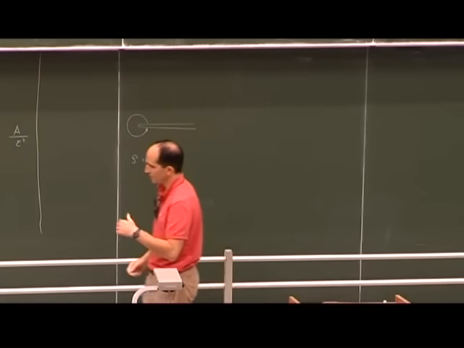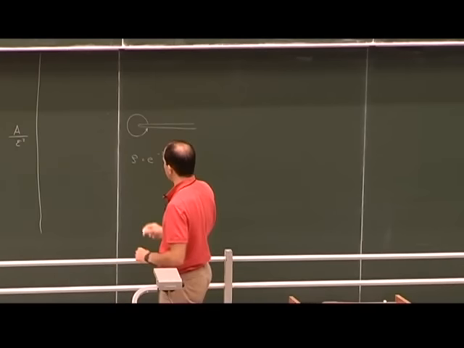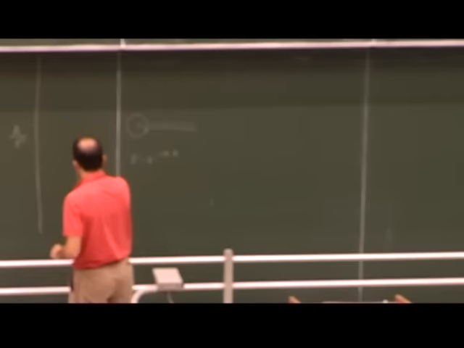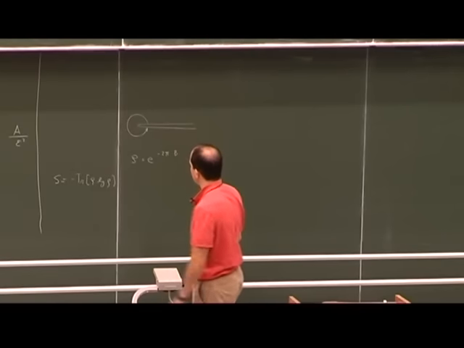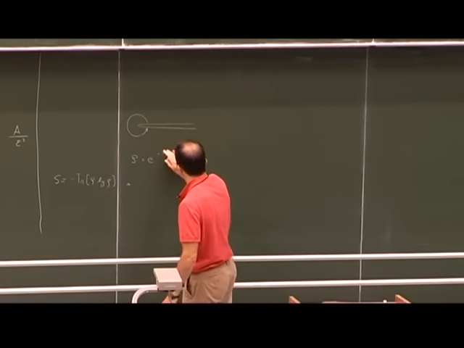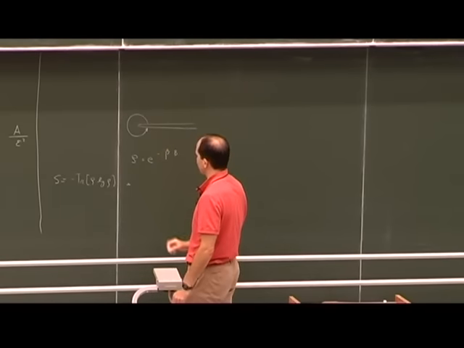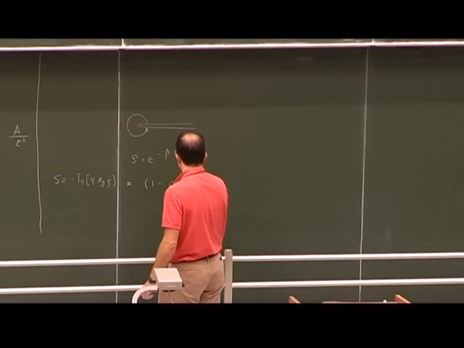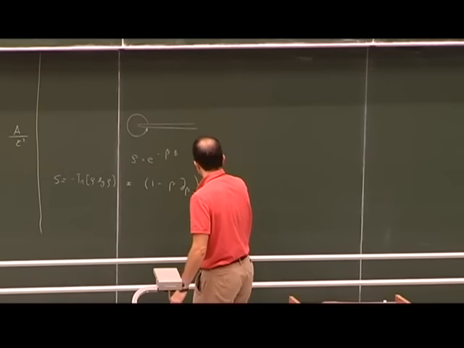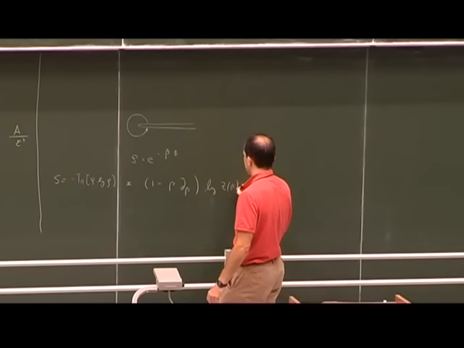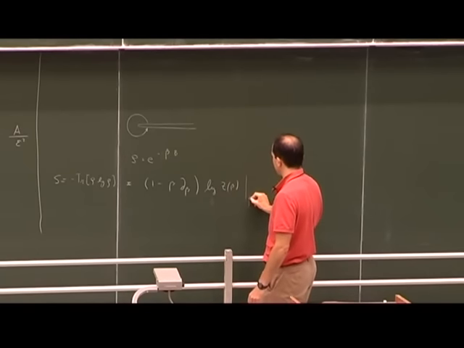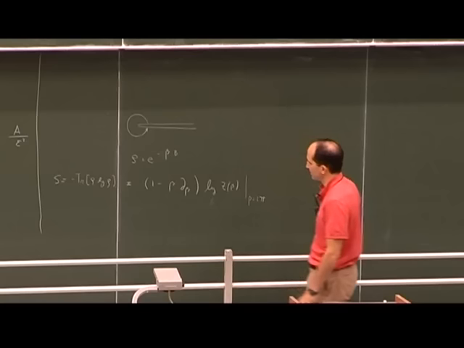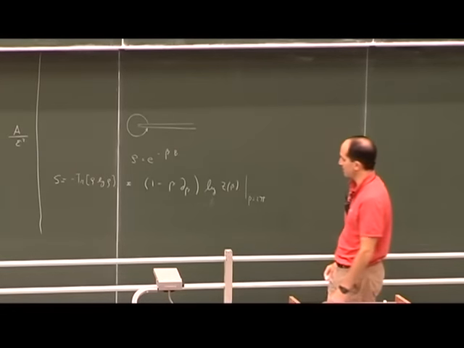And in order to compute the entropy, what we need to do is to compute the trace of rho log rho, okay? And this can be done by evolving over some time beta, which is generic, and then take the derivative, of course, of the log of the partition function, and then we set beta equal to 2 pi, and that gives us the temperature.